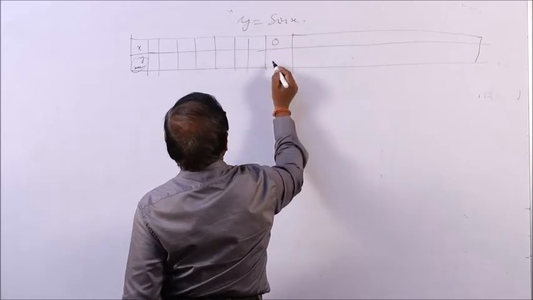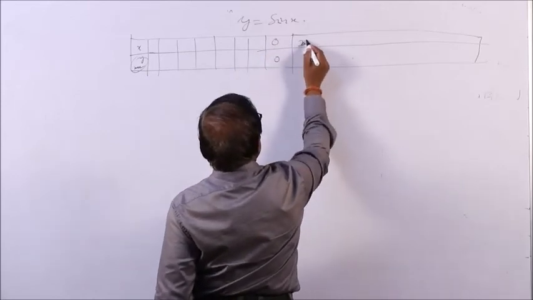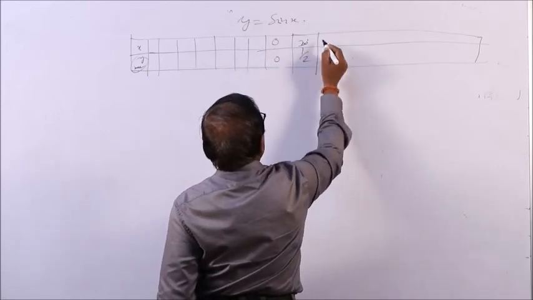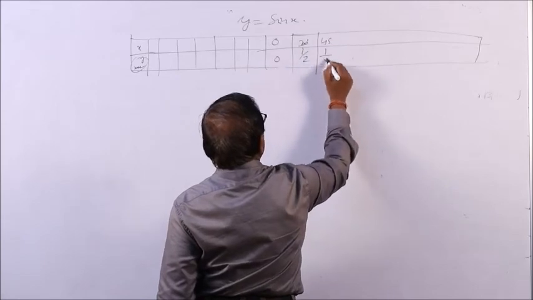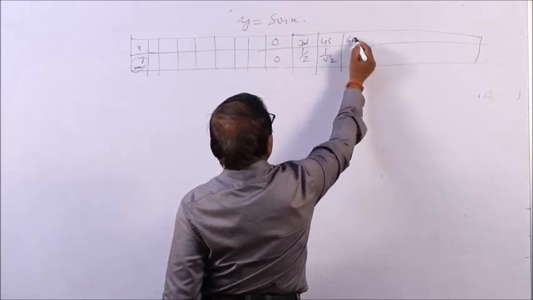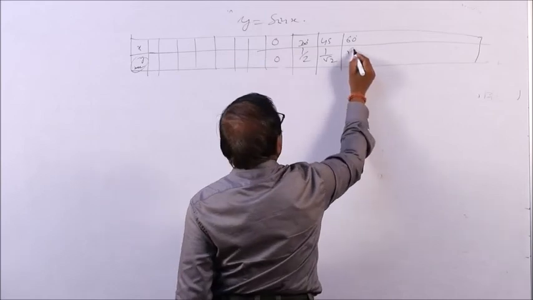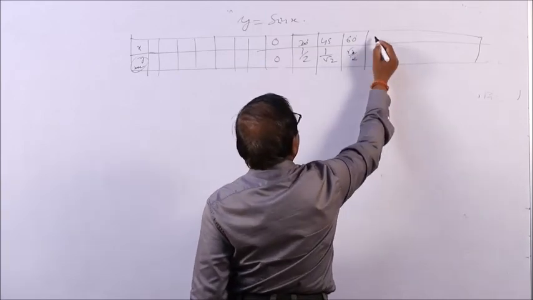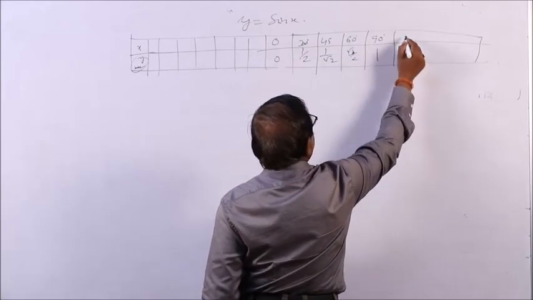Suppose 0, sin 0 is 0, sin 30 degrees is half, sin 45 degrees is 1 by root 2, sin 60 is root 3 by 2, sin 90 is 1, like this.